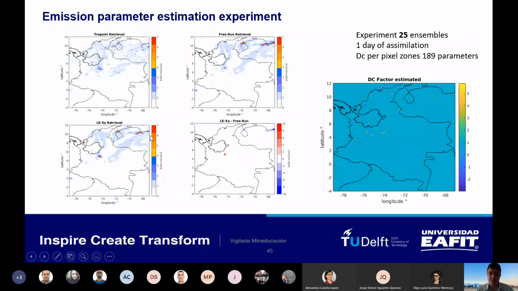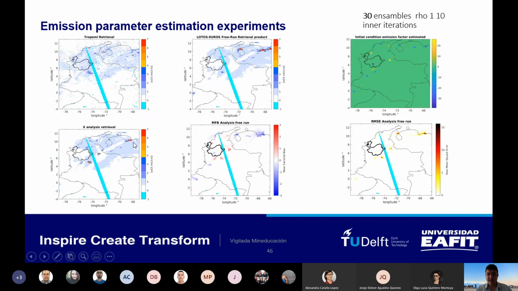It proposes, with the estimation of these parameters, that the output would be less. So these are the first results that tell us that the algorithm is trying to follow the information of the satellite that we put in.